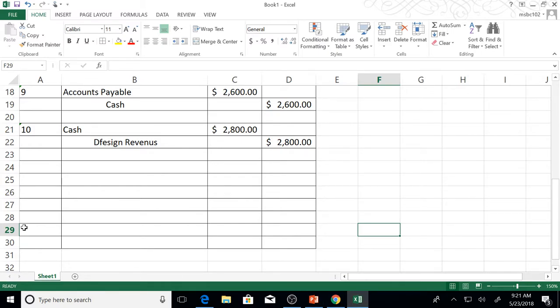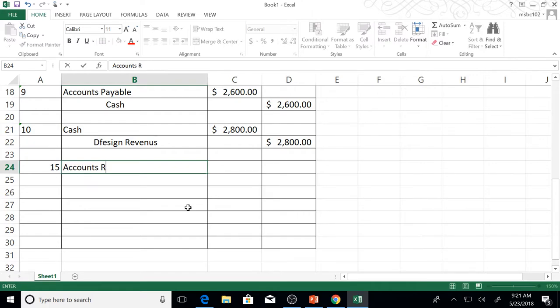So that's the 15th. Accounts receivable. No, first it's an asset. Accounts receivable comes first. I hope I write receivable correctly. Is it IE or EI? It's EI.